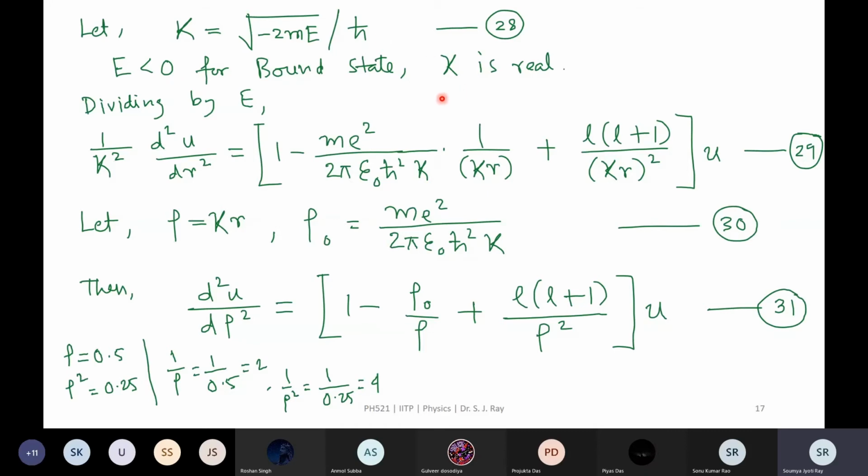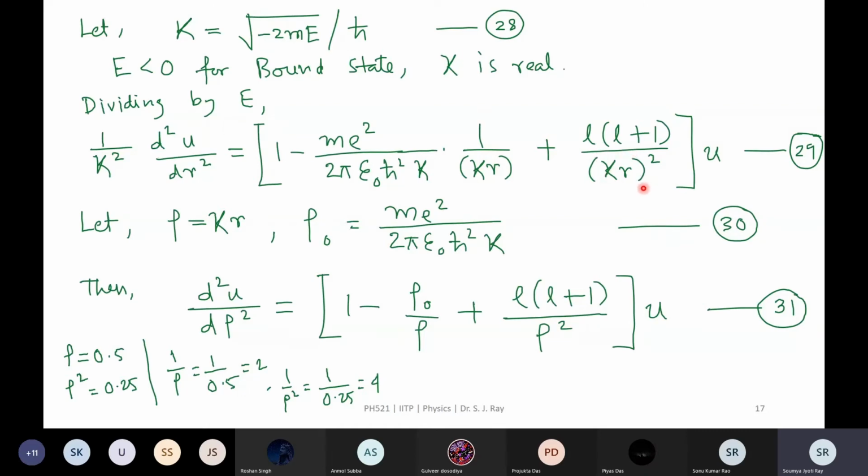Now if I divide both sides by E, I can write this equation as 1 by k square times d2u/dr square equals 1 minus m e square divided by 2 pi epsilon naught h bar square kappa times 1 divided by kr plus L times (L plus 1) by (kr) whole square, times u.